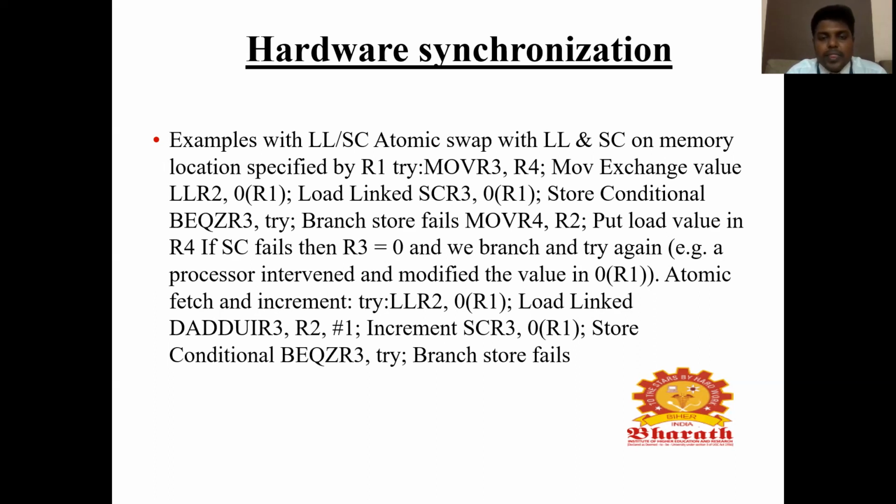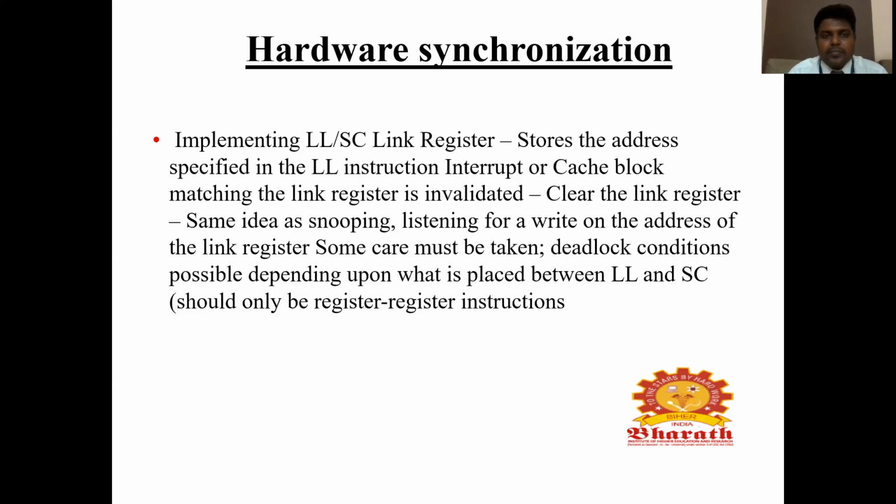The atomic fetch and increment: load linked, increment, store conditional, and this branches again if the store fails. Implementing load link and store conditional: the link register stores the address specified in the load link.